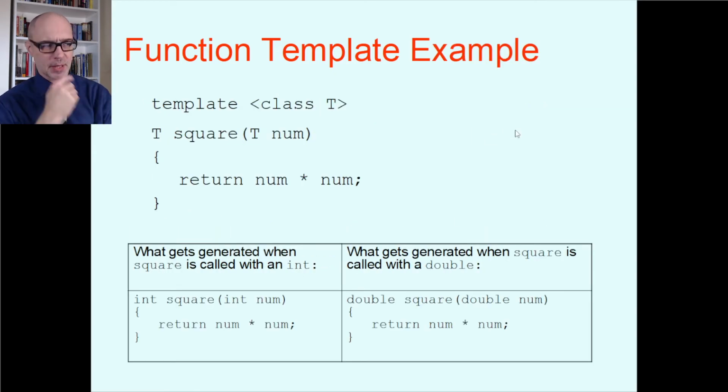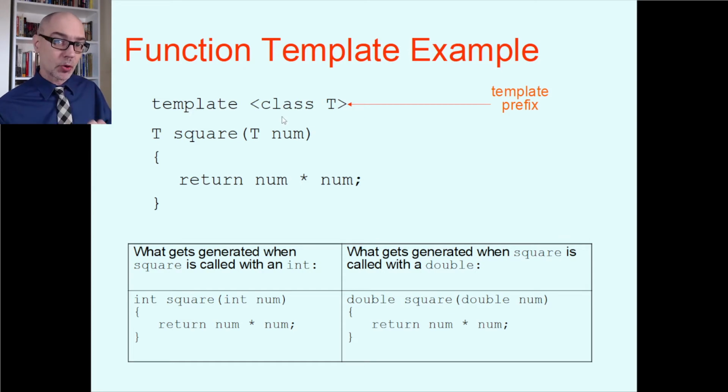Okay, so here's what this looks like. When you're setting up a function template, you're going to have a template prefix. Okay, so this template prefix is part of the prototype, right? Sometimes I just write the whole prototype in just one line. For space purposes, you're seeing it on 2 lines here. So this template prefix says, template's a keyword in C++, says here comes a function template, and then it gives angle brackets, and you have to say class there, and this capital T is there it is.